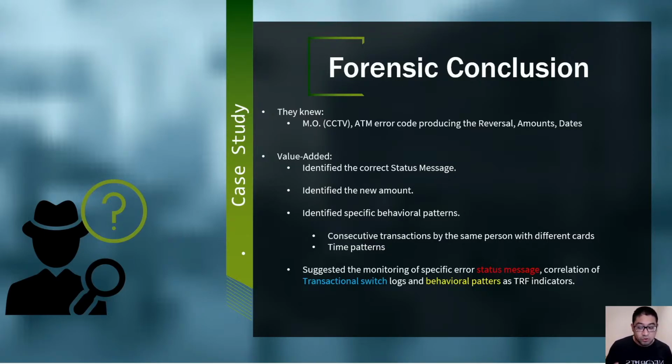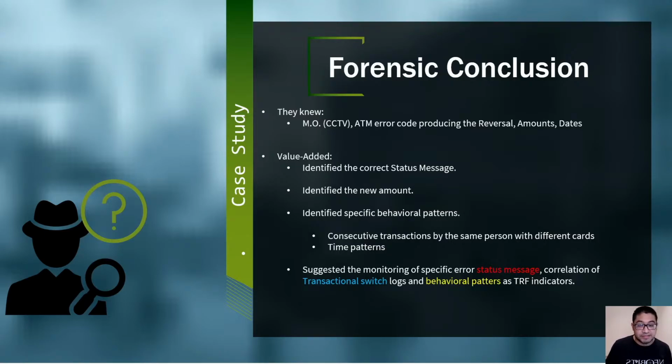I saw that the ATM error code that they told me was producing the reversals was not the correct one. Indeed, the status message was different. So I identified this new status message, and with it I also found a lot of new records. And with all of this, obviously the amount of money lost increased from what they knew before.